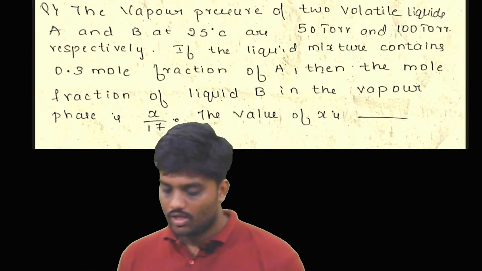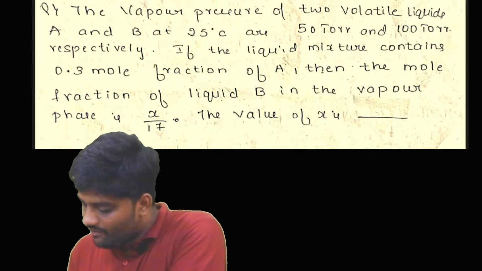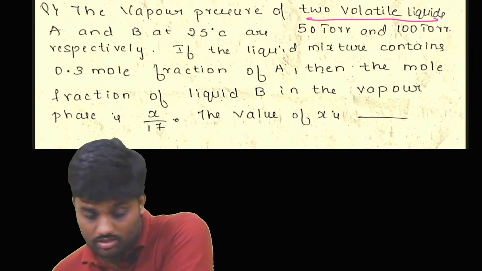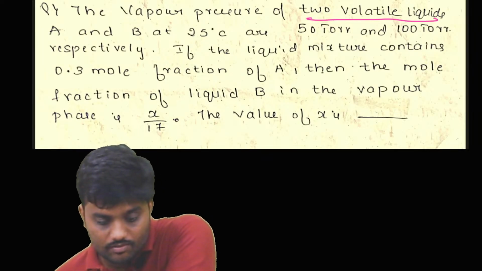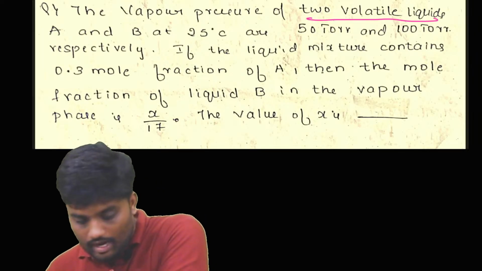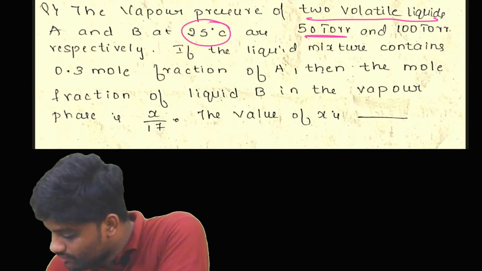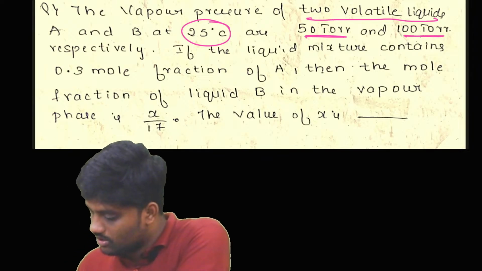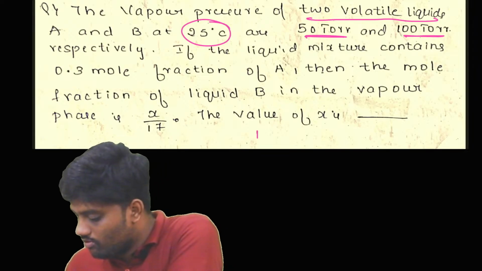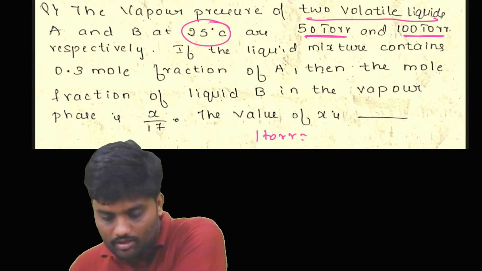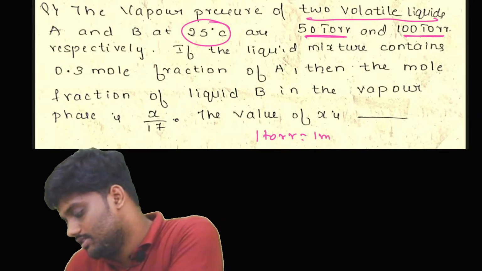See the question. The vapor pressure of two volatile liquids A and B at 25 degrees Celsius is 50 torr and 100 torr. Here, 1 torr is nothing but 1 mmHg.